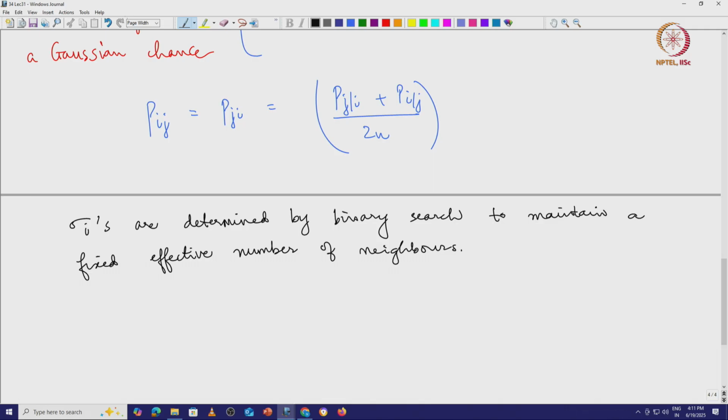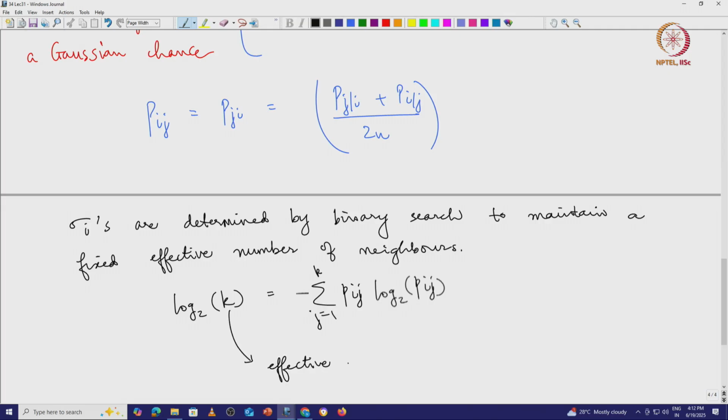So essentially what you do is that you say that the effective number of neighbors is given by the sum over the neighbors Pij. Okay, so this k is the effective number of neighbors. So all these are effective probabilities, right, which are exponentials, and then you take the log, so you get the number of neighbors, right.